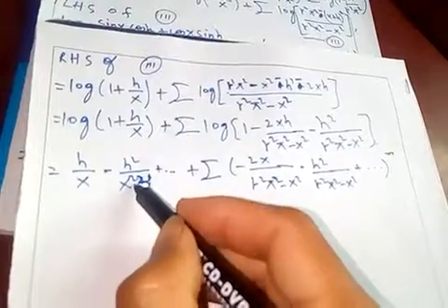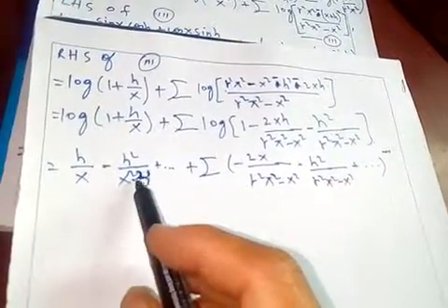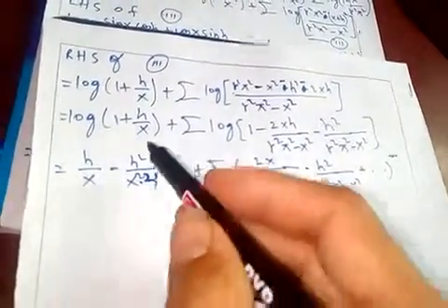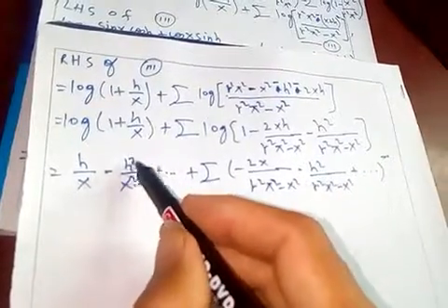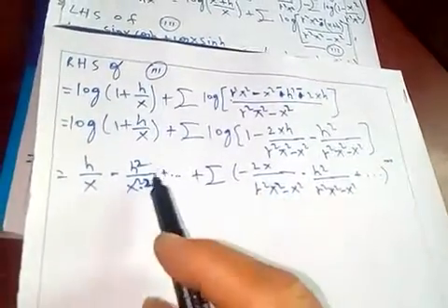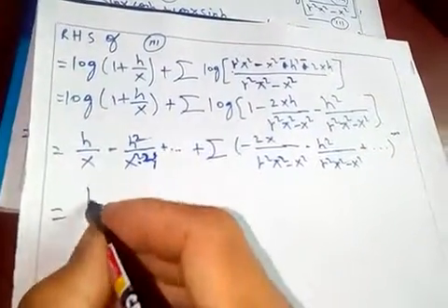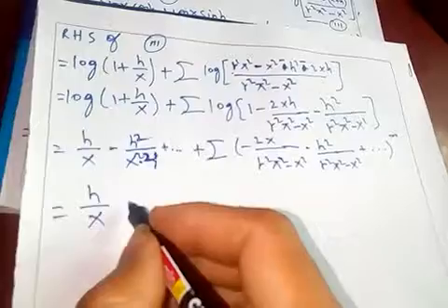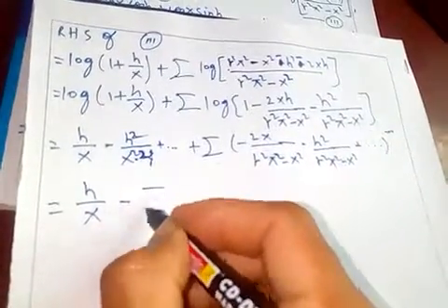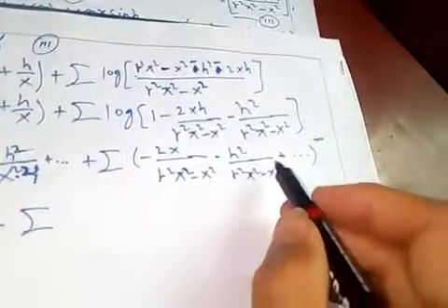Now we neglect this one, because if the power is higher and higher, it will be approximately equal to 0. So we neglect that. Here the summation, and here also we neglect the higher power.